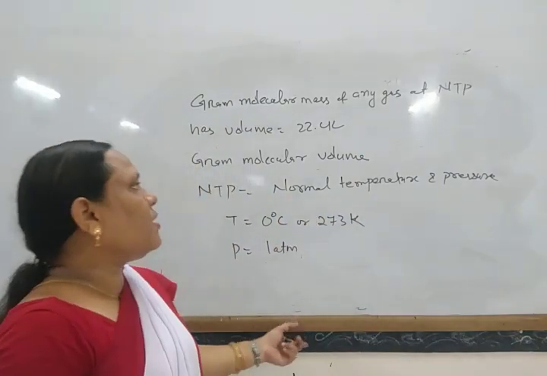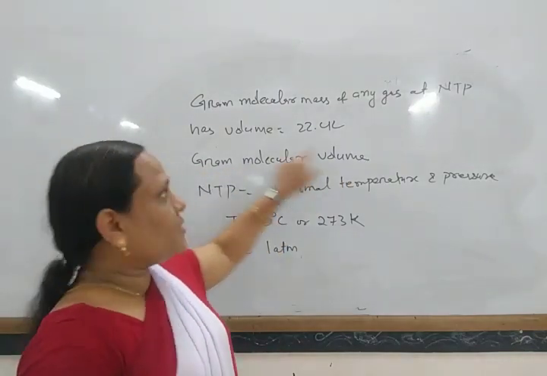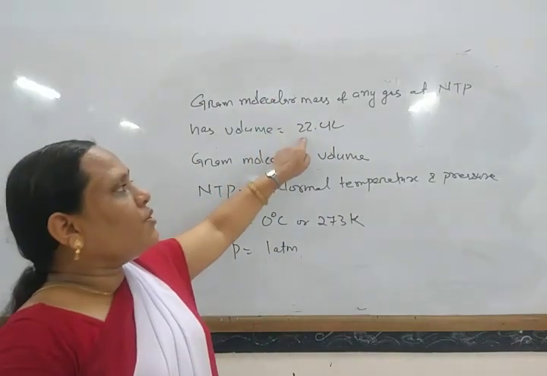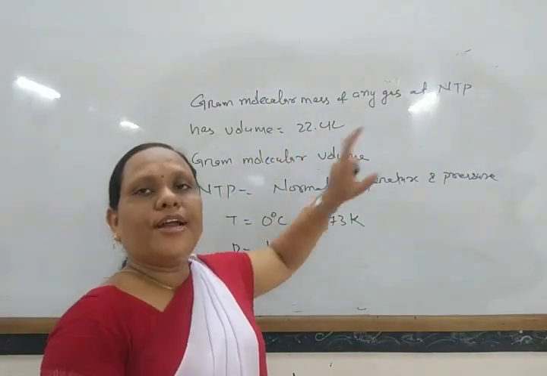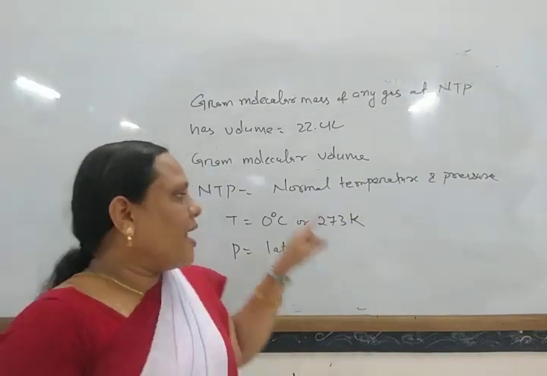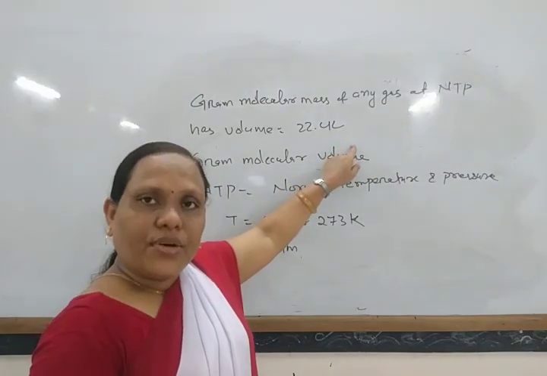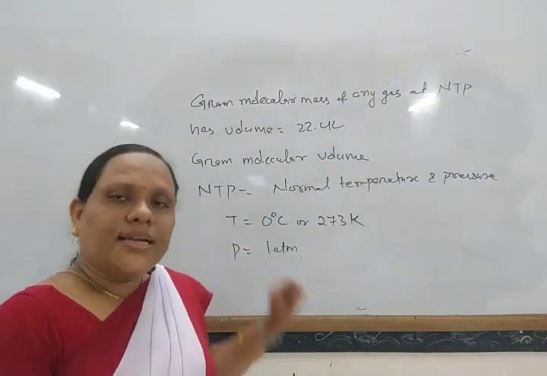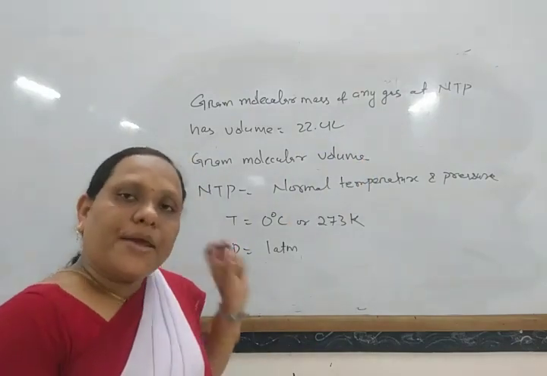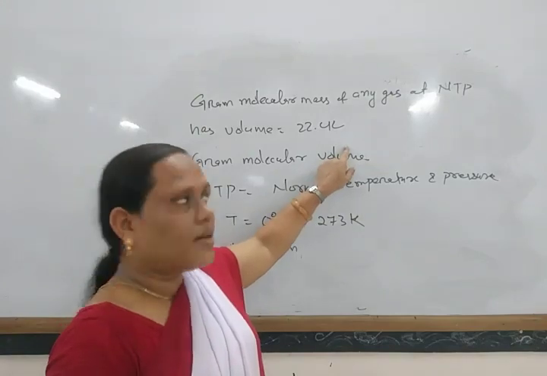In this condition, if we take the gram molecular mass of a gas, it always has a volume of 22.4 liter, whatever gas you take: hydrogen, oxygen or carbon dioxide at NTP, it has volume 22.4 liter.